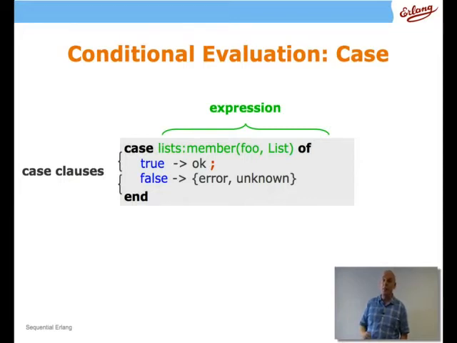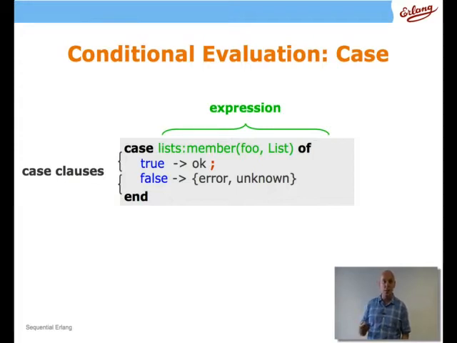The head has a pattern, and in the body you have a sequence of expressions. It's very similar to the definition of a function, where in the head of the function you have patterns for the arguments and a body. Here you have a single pattern which will match against the value the expression evaluates to, and then a sequence of expressions that are evaluated in that particular case.